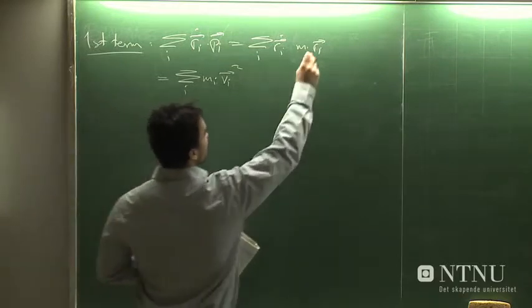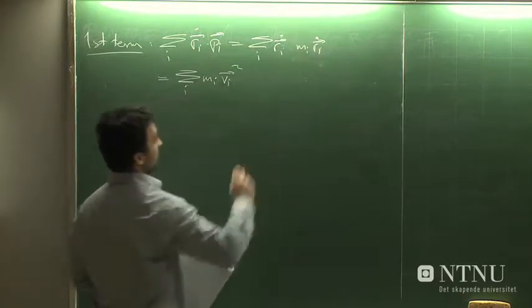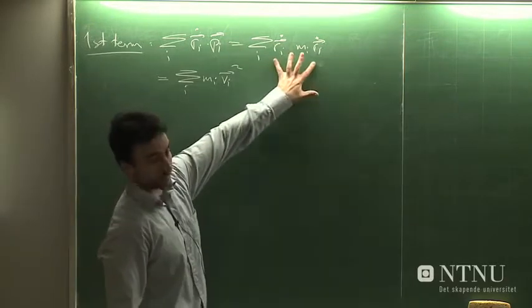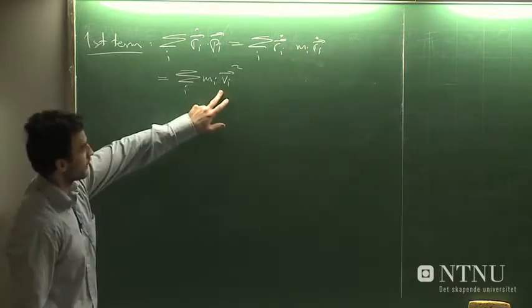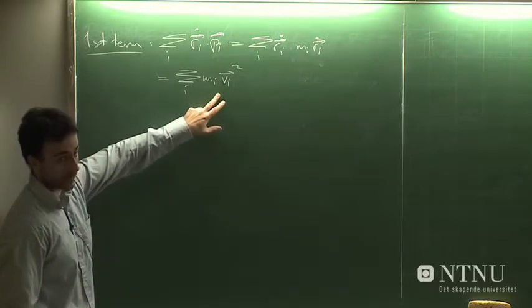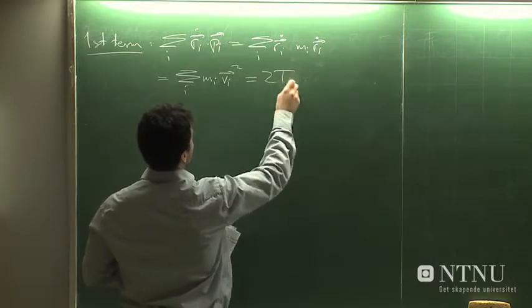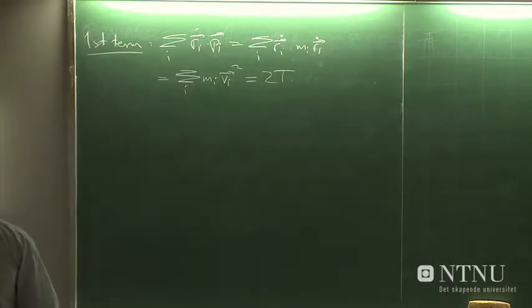Oh, sorry, there should be a dot there. So we have two velocity vectors, so we have mass times velocity squared. In other words, the first term is simply 2 times the kinetic energy.